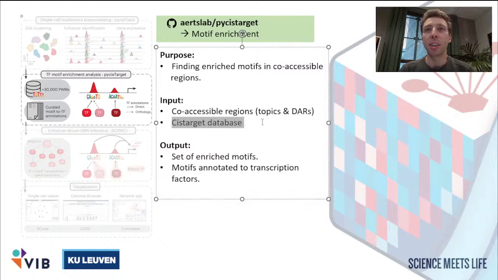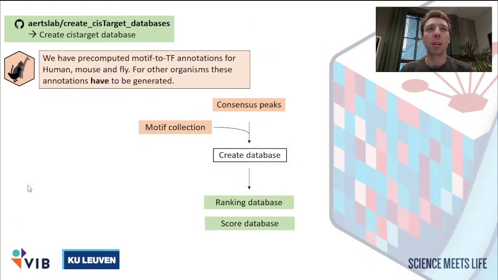So the cisTarget database is an important thing here. For this, there are multiple options. For human, mouse, and fly, we already have pre-computed cisTarget databases. But these are on general regions. For example, for human and mouse, these are on the SCREEN regions.